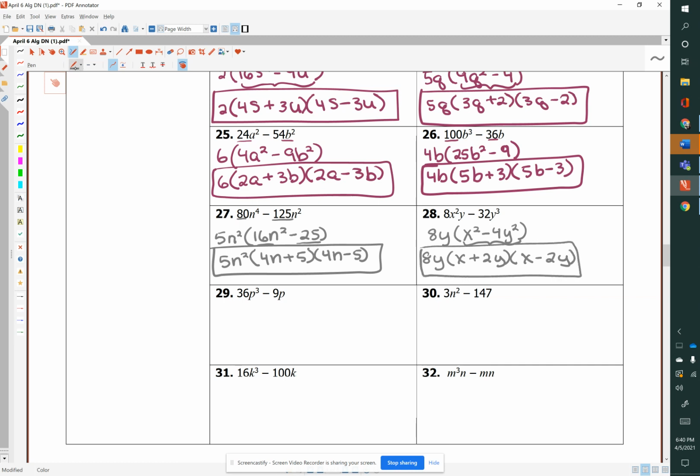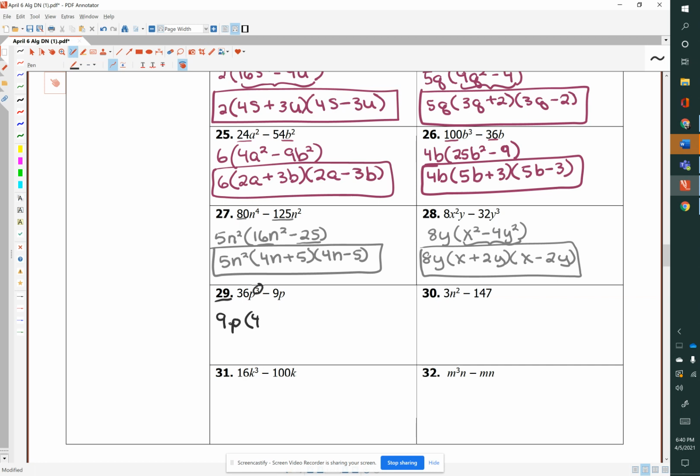I'm going to get a darker color here. So for number 29, I think we could factor out the 9 and the p, because we want to get an even exponent here. So let's factor out the 9 and a p, which would give us 36 divided by 9 is 4.